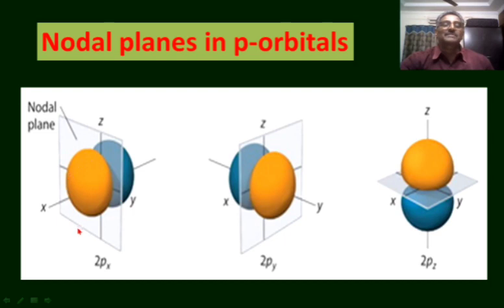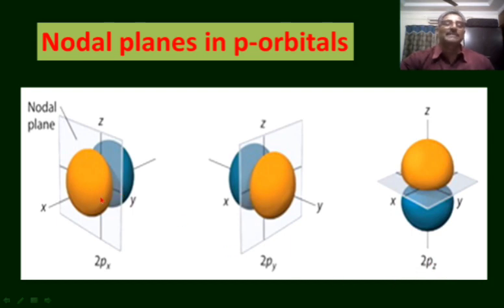If the lobes spread towards the x-axis, that p orbital is said to be the px orbital. If the lobes spread towards the y-axis direction, that orbital is said to be the py orbital. If the lobes spread towards the direction of the z-axis, that orbital is said to be the pz orbital.